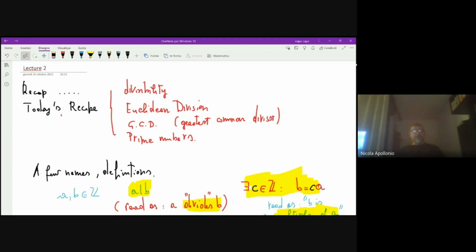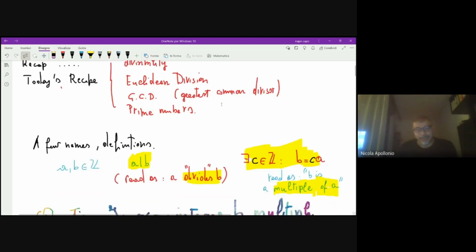Today's recipe: what we are going to talk about is divisibility, Euclidean division, what is known as the greatest common divisor, and hopefully, but I don't think so, prime numbers already tonight, but it's very unlikely.